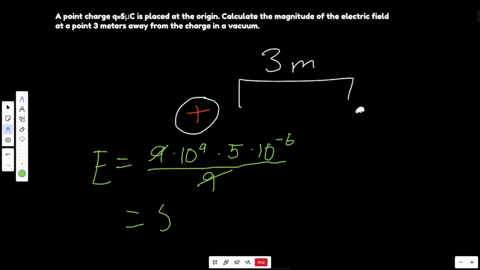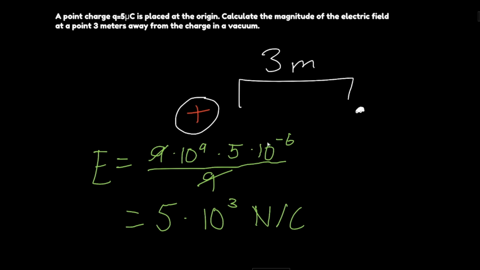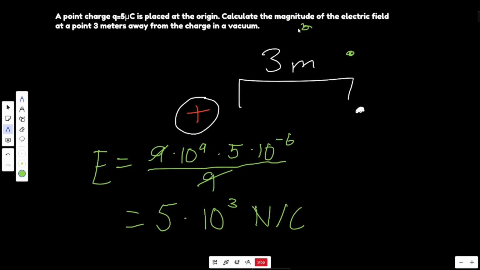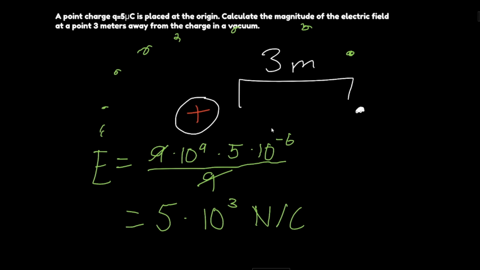So our final answer is 5 times 10 to the power of 3 newtons per coulomb. And this is the magnitude of the electric field at this point, 3 meters away from the charge in a vacuum. That means that at any point 3 meters away, let's say that these are all 3 meters away, that would be the electric field.